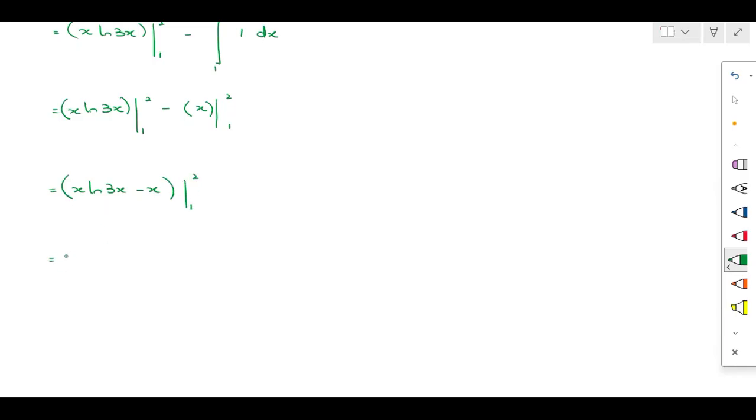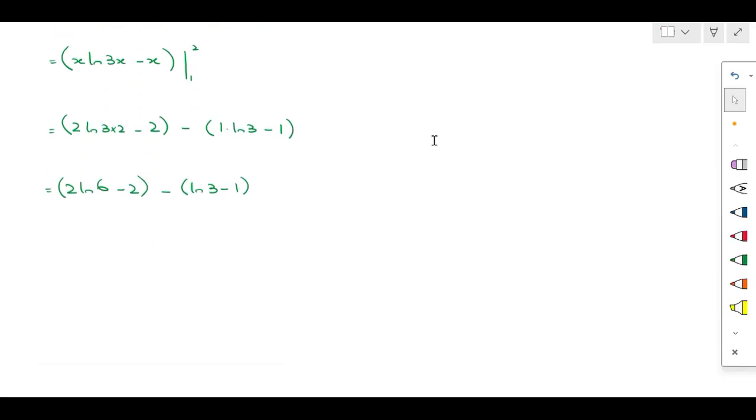The upper limit is 2, so 2 natural log of 3 times 2, minus 2; subtract the lower limit, which is 1, 1 times natural log of 3 times 1, minus 1. So this is 2 natural log of 6, minus 2, minus natural log of 3 minus 1.